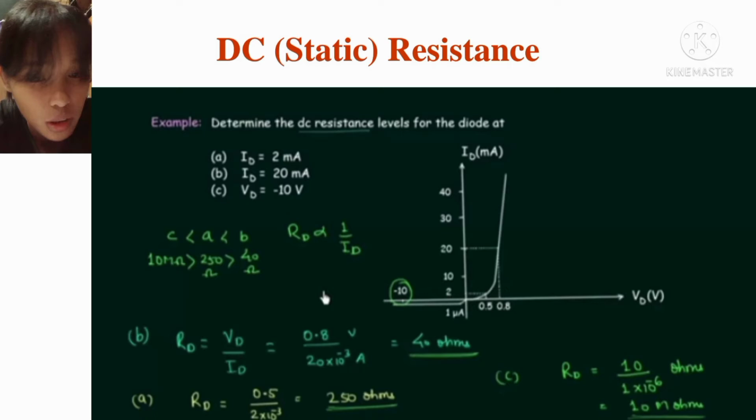To conclude, we can say that the current at C is less than A, and A is less than B. While for the resistance of each result, 10 megaohms is greater than 250 ohms, and 250 ohms is greater than 40 ohms. Therefore, we can say that resistance is inversely proportional to the current.